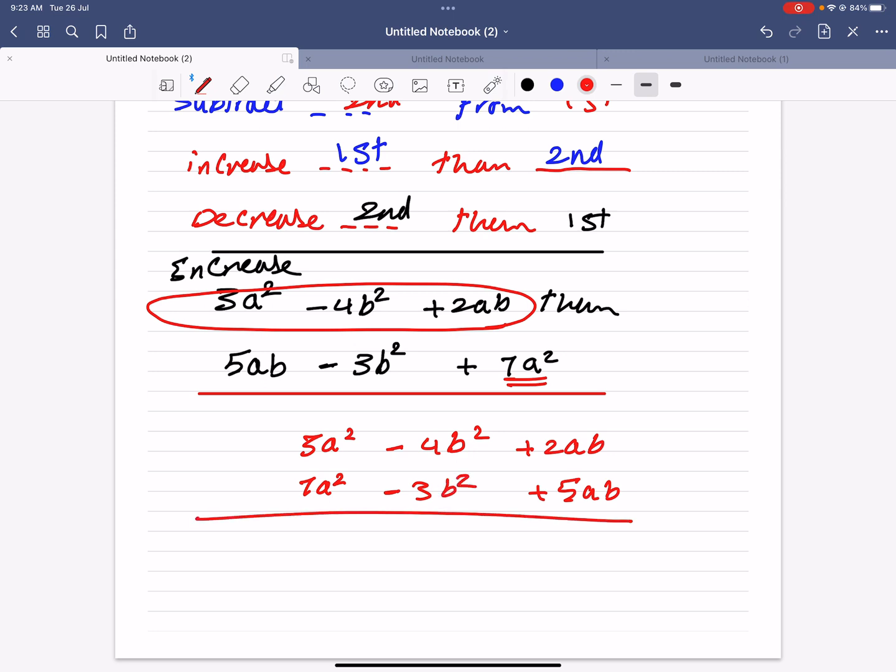And you have to remember you have to change the sign of the second algebraic expression. لازم تغير الساين بتاع ال entire كلها كاملة.